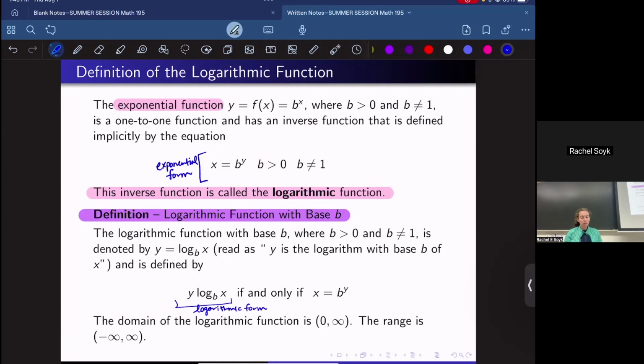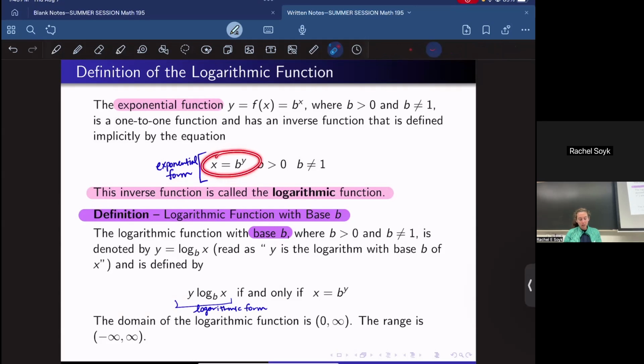And so that's why it's actually very important to know the vocabulary in this section, because you'll always hear the word base be thrown around from an exponential form standpoint, as well as from the logarithmic form standpoint.